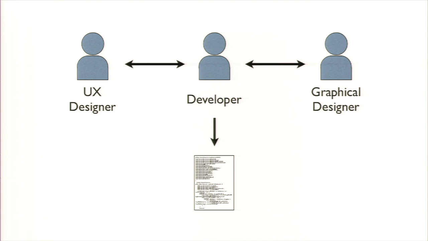As we can see already here, this creates a rather non-optimal process because we have a huge bottleneck here in the middle. Everybody has to communicate and wait for the developer until he actually implements the changes.